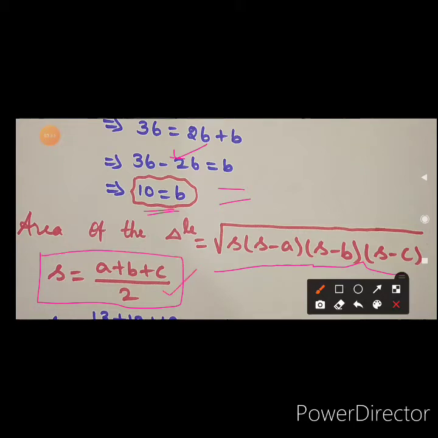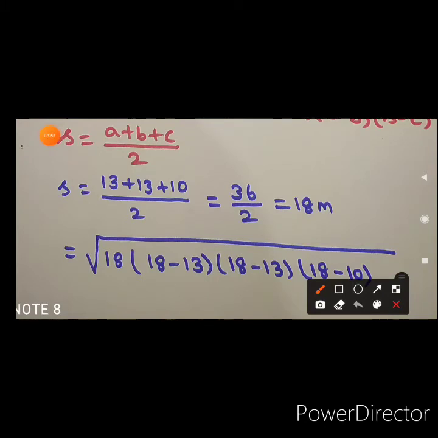Here A is 13, B is 13, C is 10. So 13 plus 13, 26, 26 plus 10, 36 by 2, cancelling, 18 meter. So S is 18.